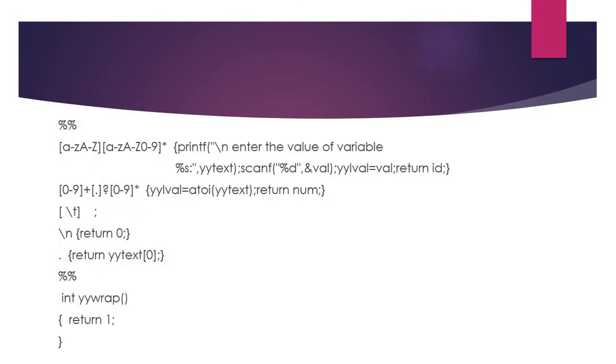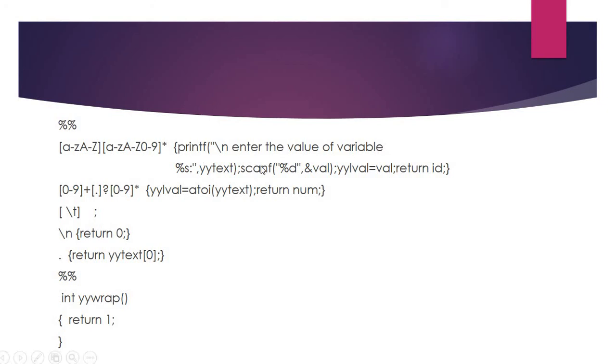In the rules part, the first rule in the Lex program is to recognize an identifier. If an identifier is recognized, immediately we return the ID token. Whichever lexeme matches from your input will be there in yytext. So yytext will hold the lexeme which matches the regular expression here.